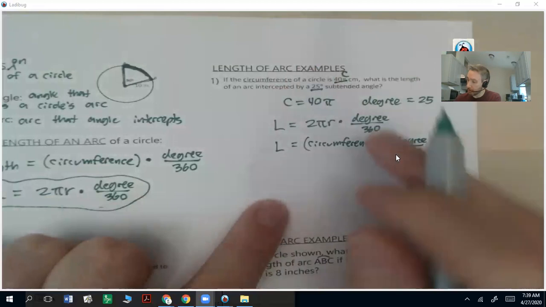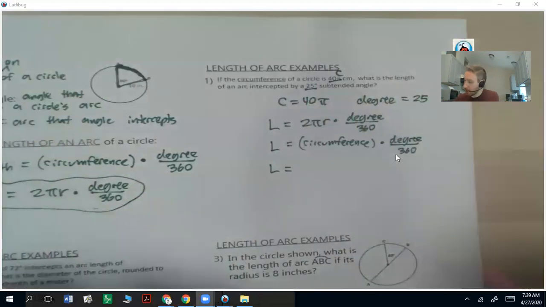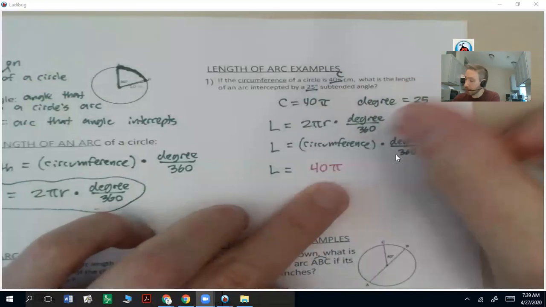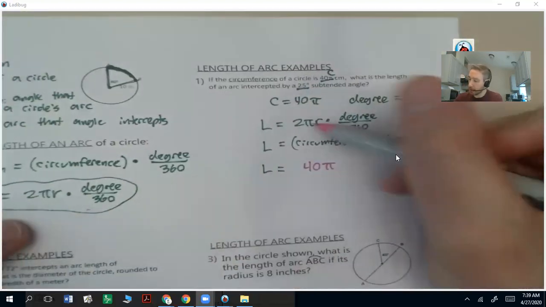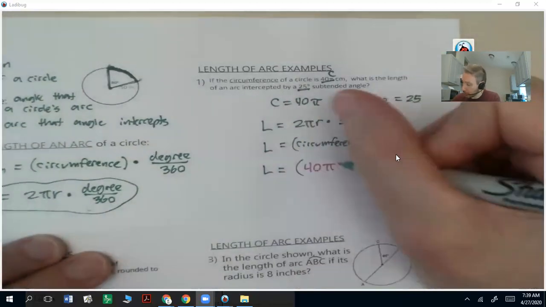And then we can plug in circumference, which is 40 pi. So 40 pi is representing your circumference. You could break it down and solve for the radius if you wanted to and plug it into 2 pi r, but you're going to get the circumference anyway. So that's going to go into the circumference portion.